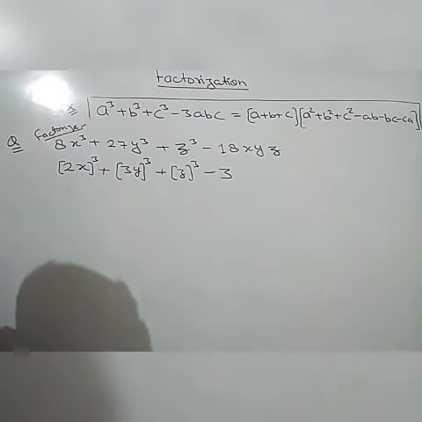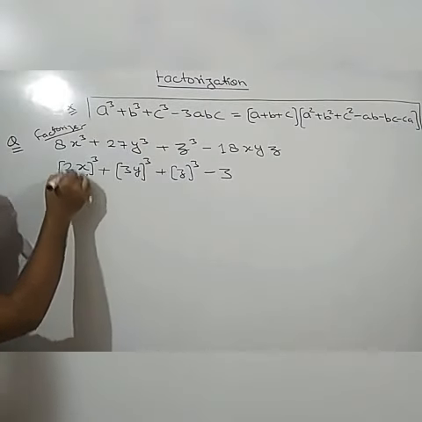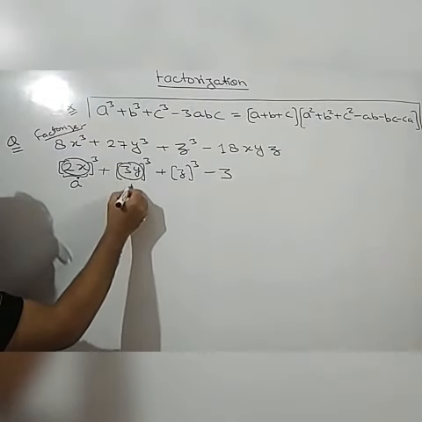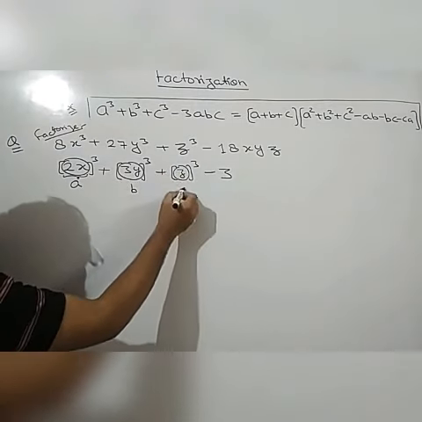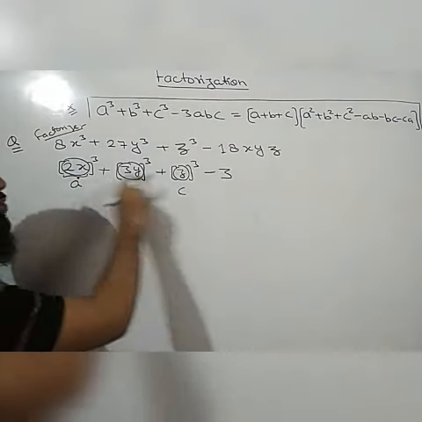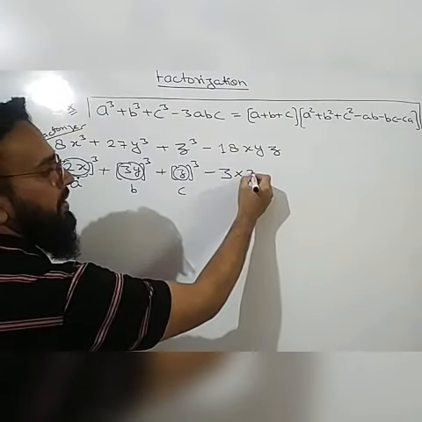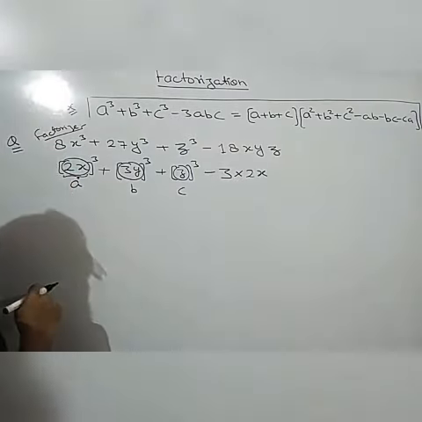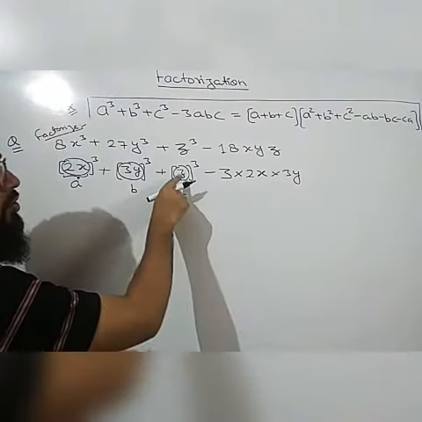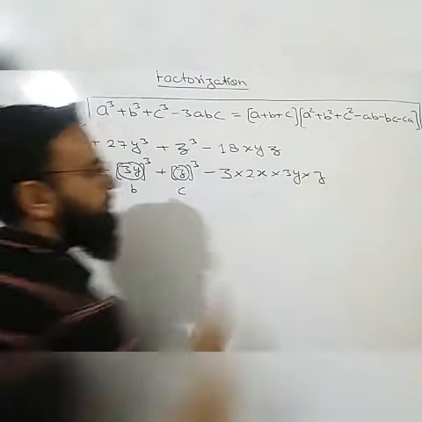Now if we compare it with the given identity, we can consider 2x as a, 3y as b, and z as c. So what is the value of a? It is 2x. So we write 3 into a, at the place of a we write 2x, at the place of b we write 3y, and at the place of c we write z.